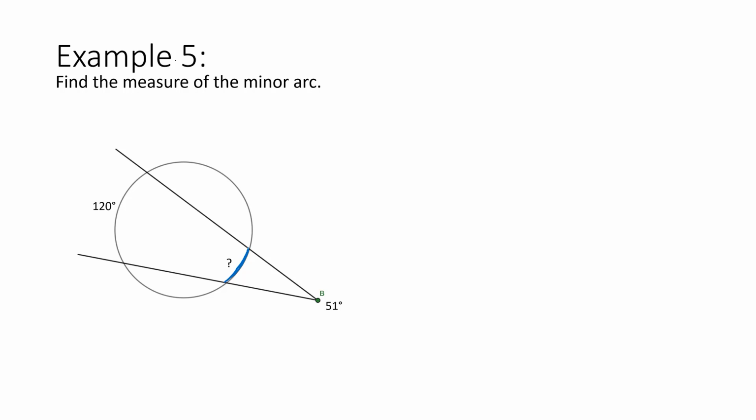The exterior angle equals, but now we have the exterior angle, which is angle B. Instead of writing angle B, I write the value of angle B. The exterior angle, which measures 51 degrees, equals the major arc, which is 120 degrees, minus the minor arc that I don't know how much it is. I will represent it with an x, over 2.